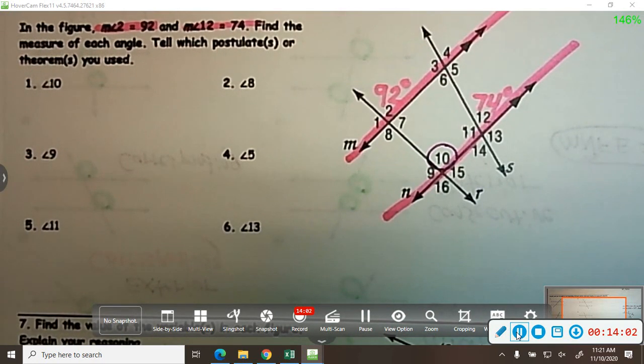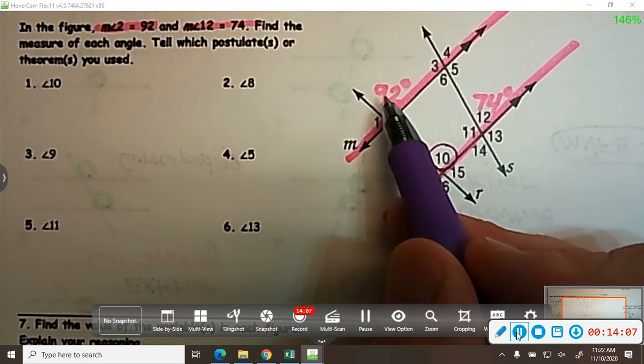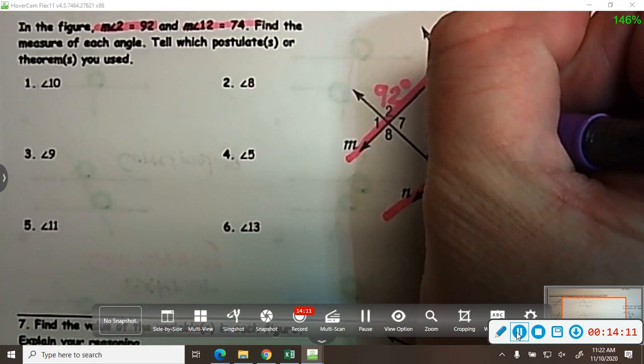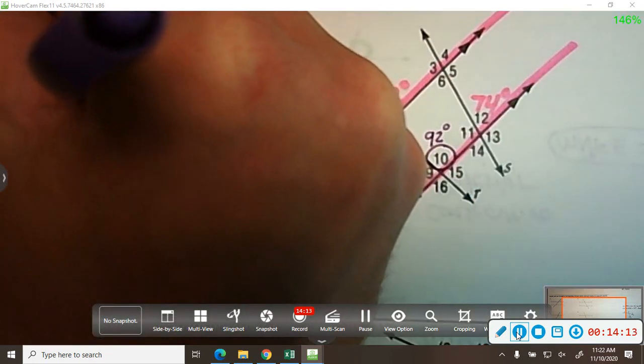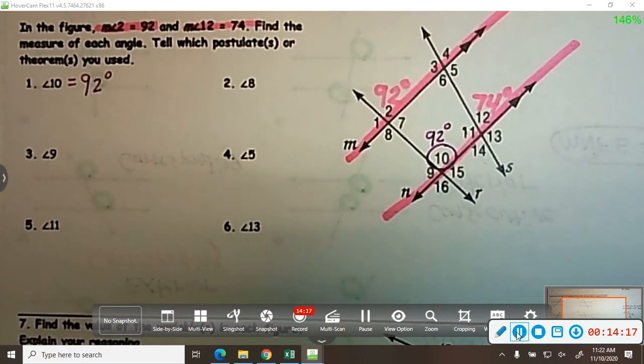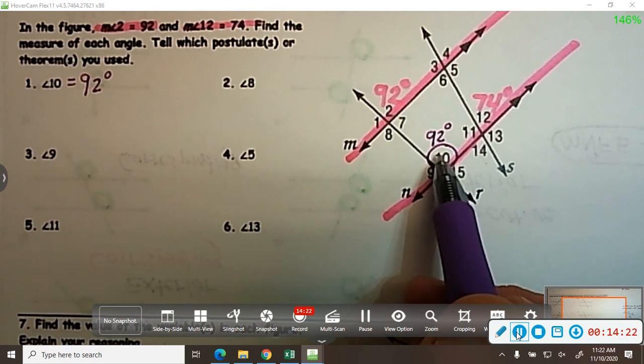So I have two transversals intersecting a parallel line. So first, for angle 10, I'm going to say that this is 92 degrees. And they said, why do you know that? Well, angle 2 and angle 10 are corresponding angles.